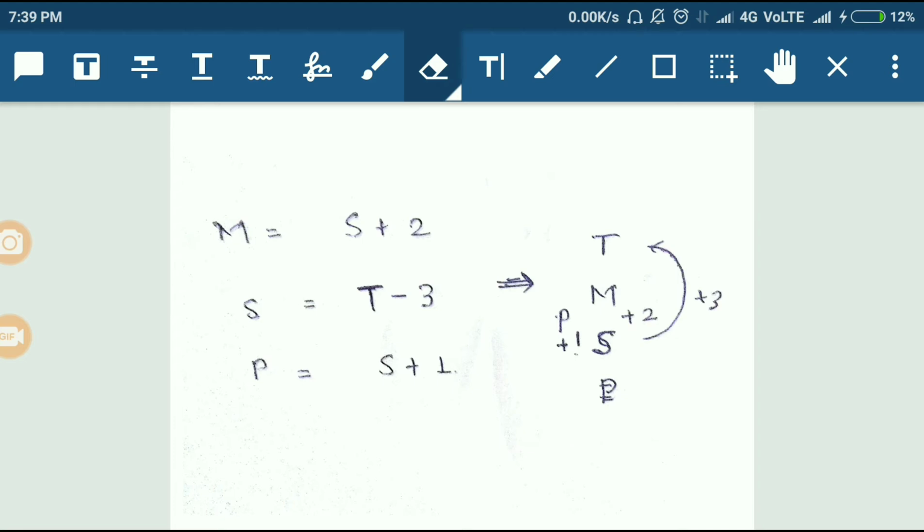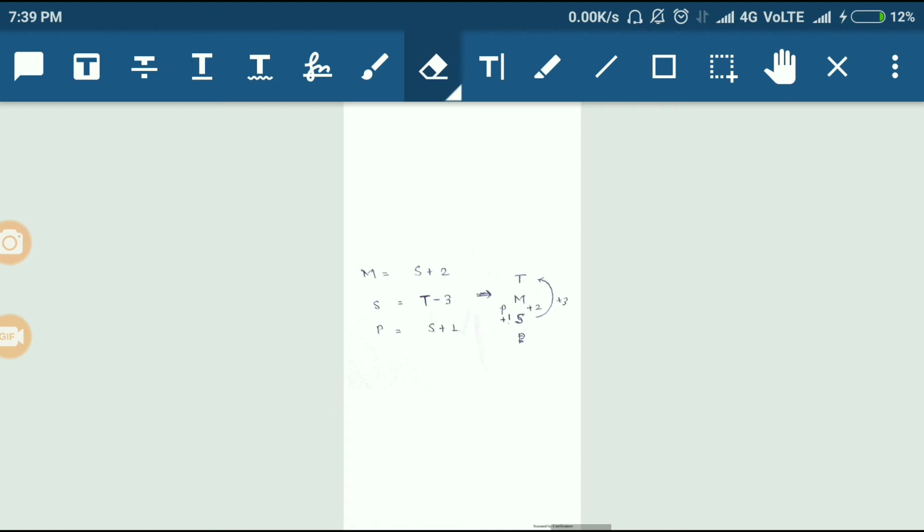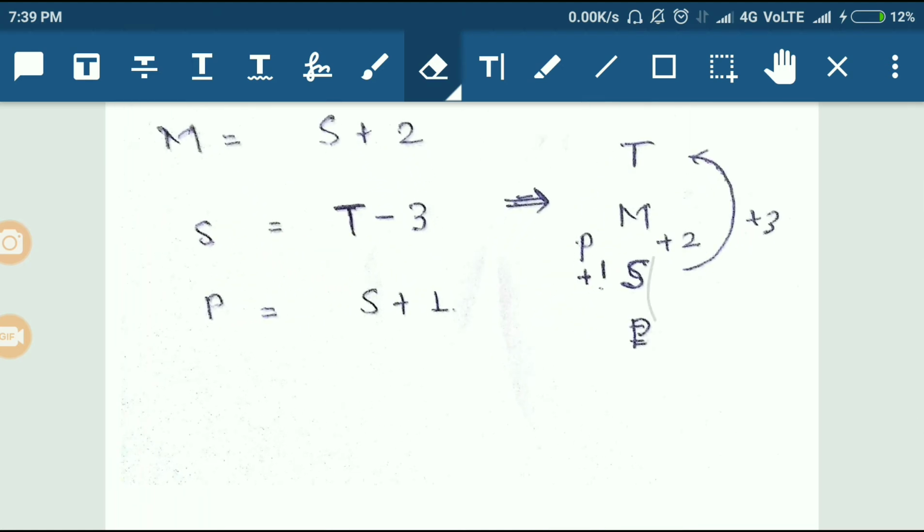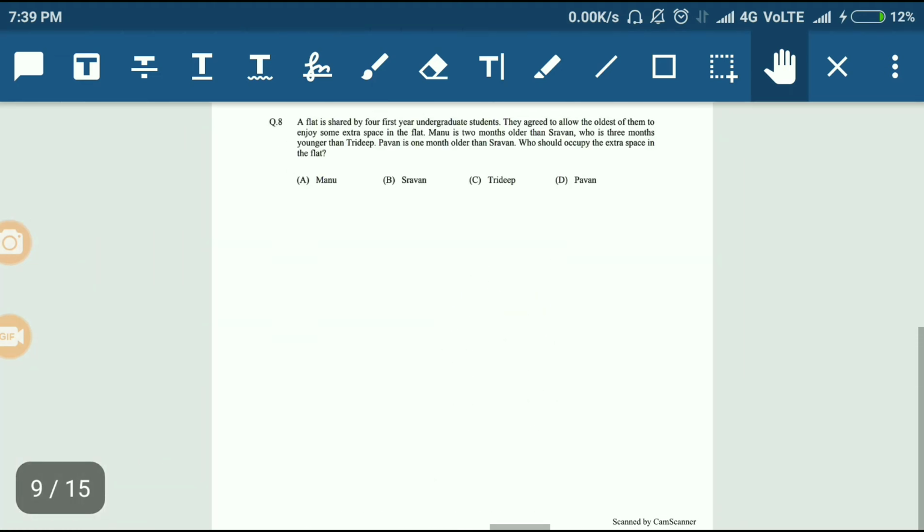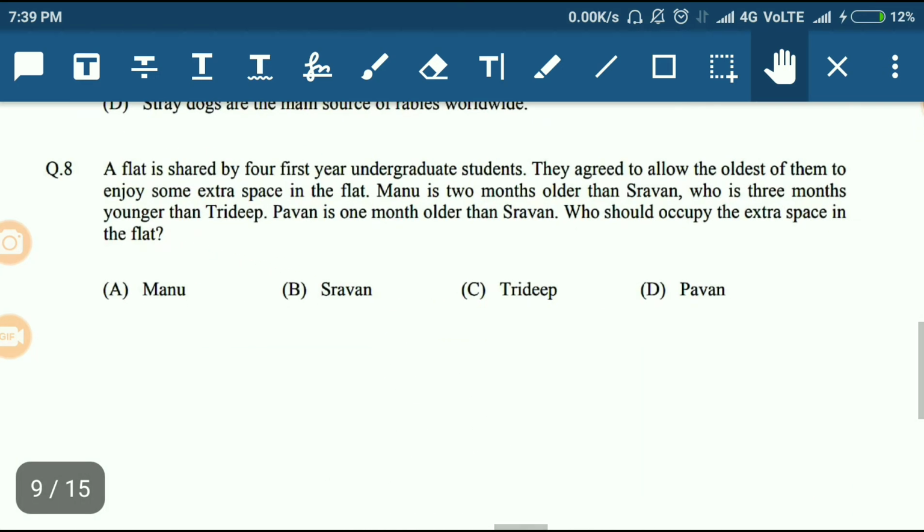From this, I would be able to write them in the order of their ages. Since S is 3 years younger than T, that is T is elder than S by 3 years, and M is elder than S by 2 years, means M should be younger than T, and P is elder than S by 1, so he must also be younger than T. So over here we get that T is the eldest, so who should get more extra space in the flat?